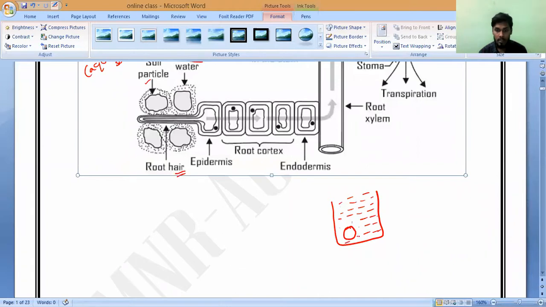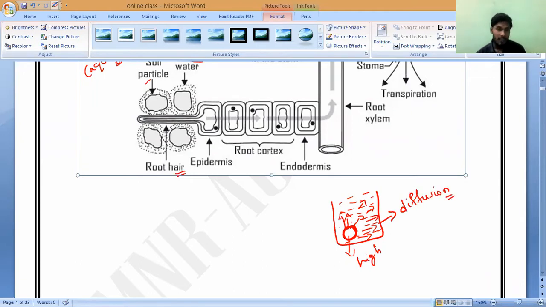This is the high concentration and this is the low concentration. Once it starts dissolving, the sweetness of the sugar is equally distributed throughout the liquid. The solute is dissolving in the solvent and the concentration is distributing equally. This process we call diffusion. Do you understand?